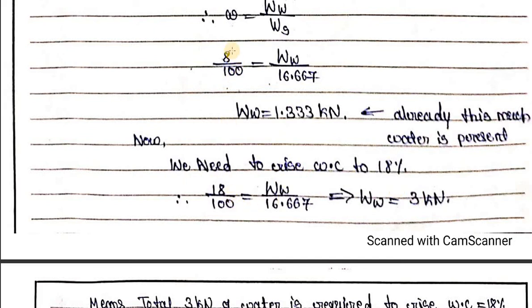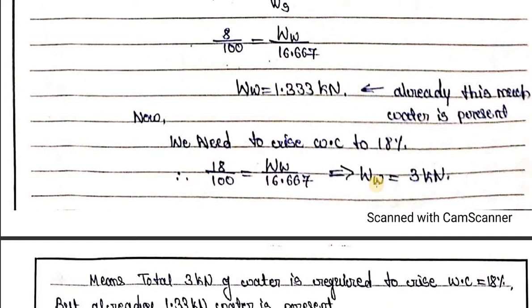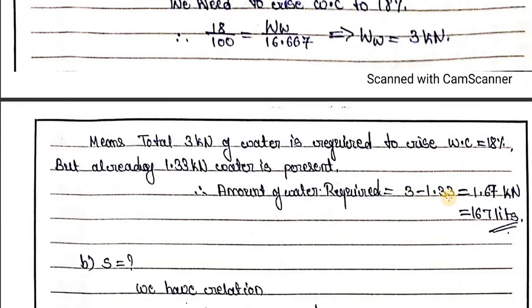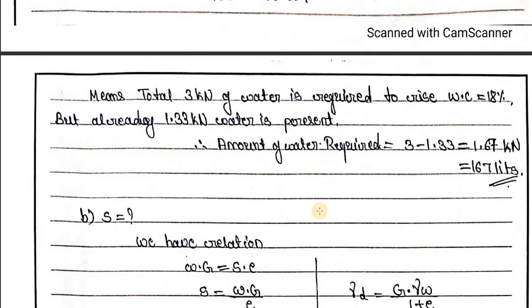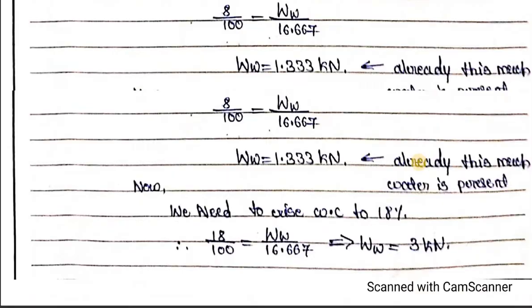But already 8% water content is there, means already 1.33 kilonewton water is there. So 3 minus 1.33, 1.67 kilonewton water is to be added. That is nothing but 167 liters of water. So this is the additional amount of water.